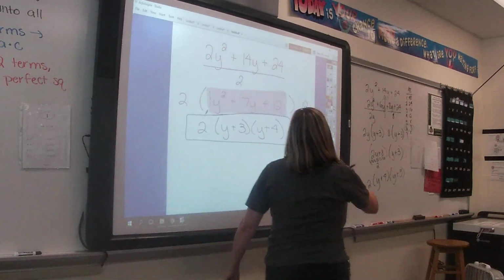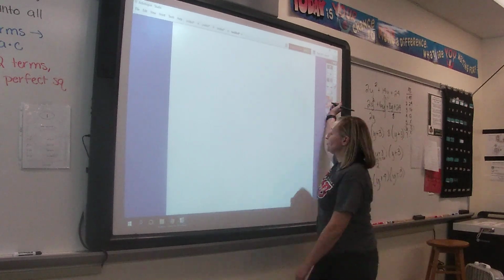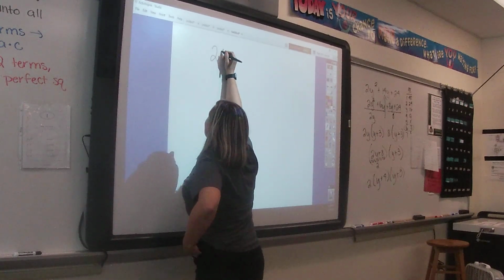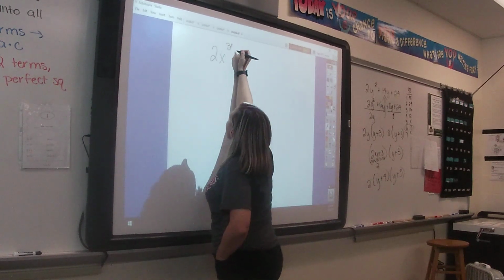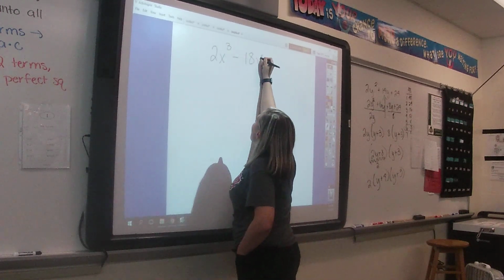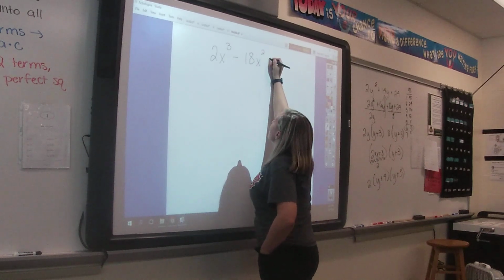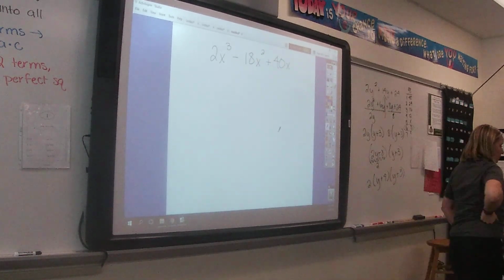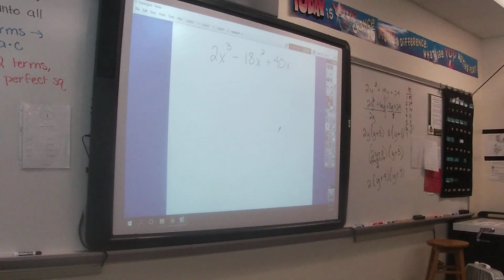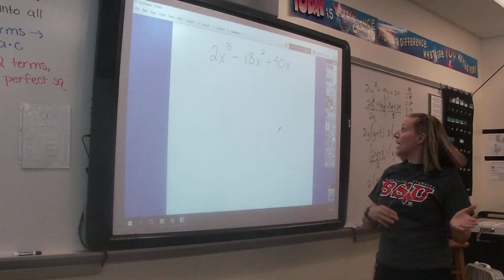What happens if we are given this trinomial? 2x to the third minus 18x squared plus 40x. If we look at this to start with, is this a trinomial that we can factor by doing a times c?